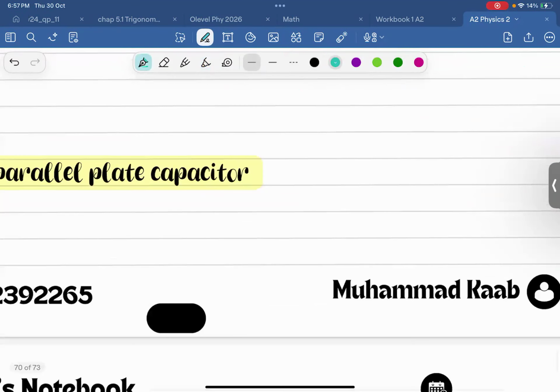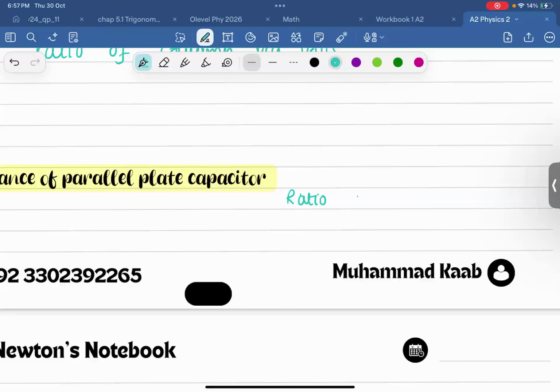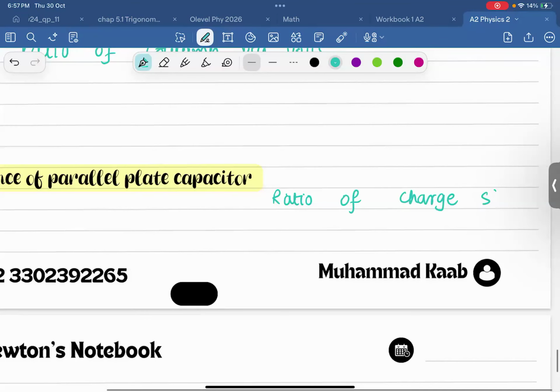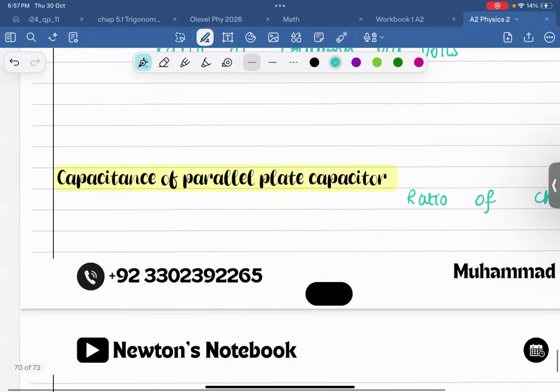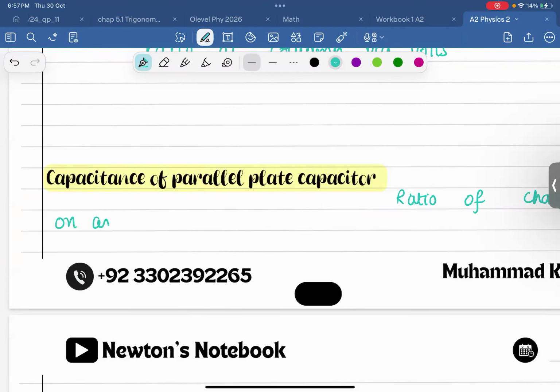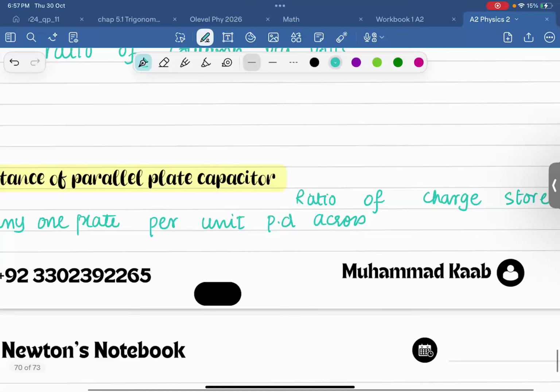So we used to write it as: it is the ratio of charge stored on any one plate per unit potential difference across the plates.